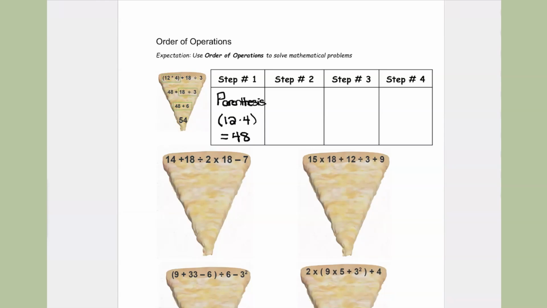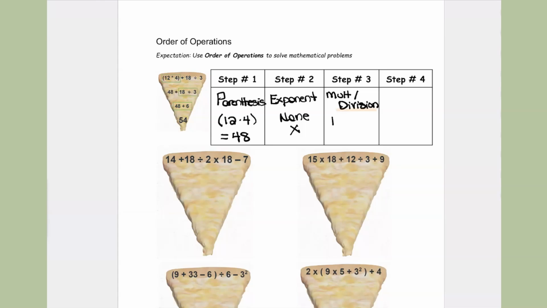The second step when we're solving order of operation problems is to look at the exponents. We don't have any exponents in this problem. So here we can skip over step number 2 because there are no exponents there. Step number 3 for order of operations is to work any multiplication or division problems starting from the left, moving to the right.